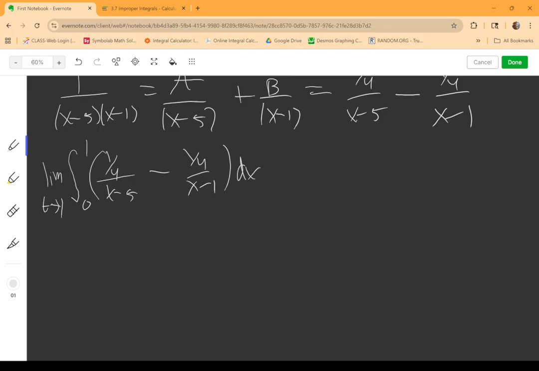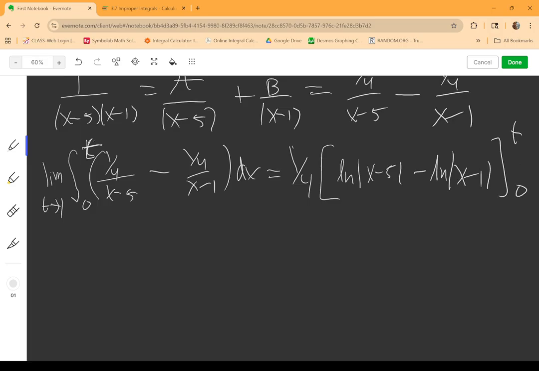Okay. This is t up here, excuse me. All right, so now I'm going to factor out the 1/4, just bring it all the way out here. Each one of these is a natural log, absolute value of x minus 5 minus natural log of x minus 1, evaluated at t and 0.